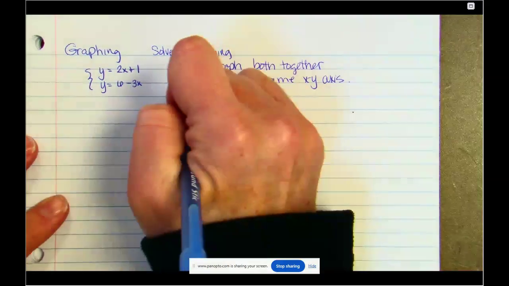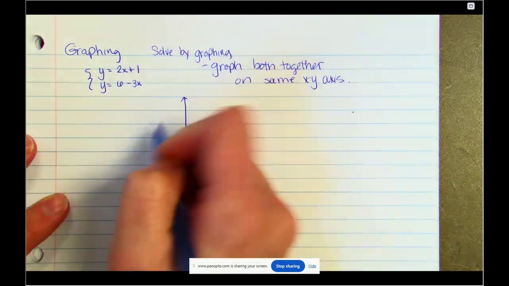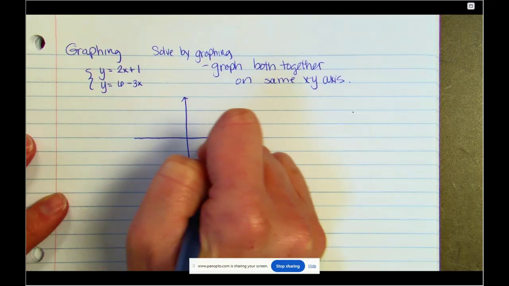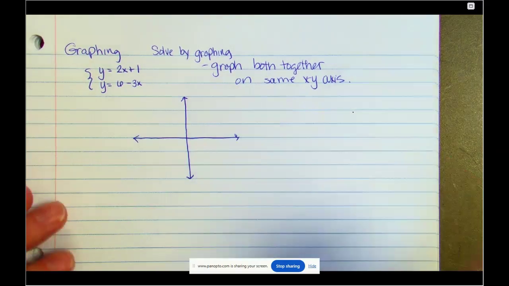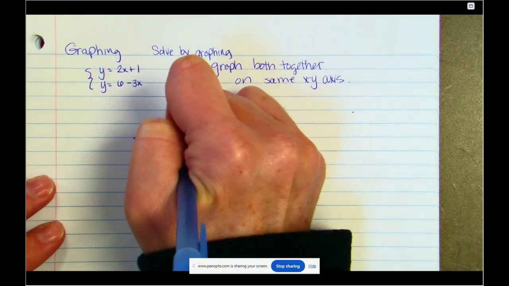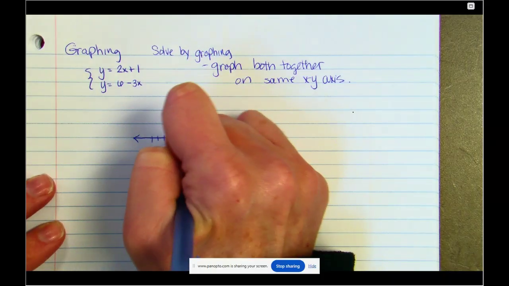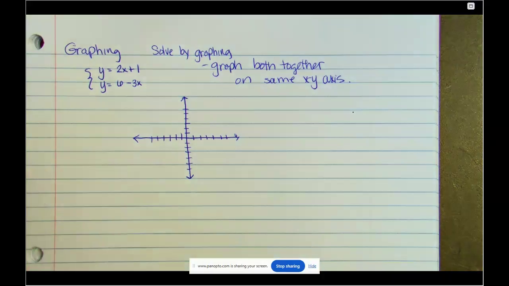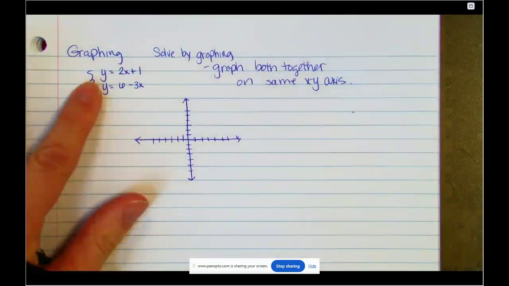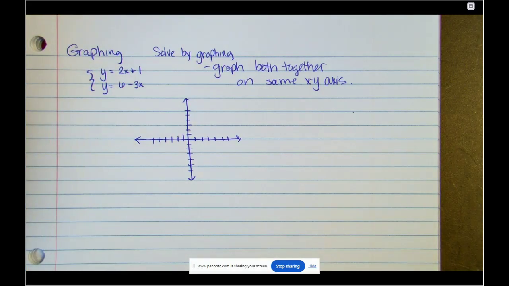Okay, so here we go. Okay, so this guy right up here: y equals 2x plus 1. And this, my friends, is why we did what we did on our warm-up.